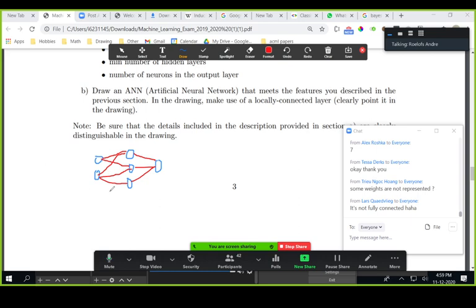And then you would say, LCN, which stands for locally connected layer. I'm having a bit too much fun with this. Okay, so that means the features you described in the previous section in the drawing.